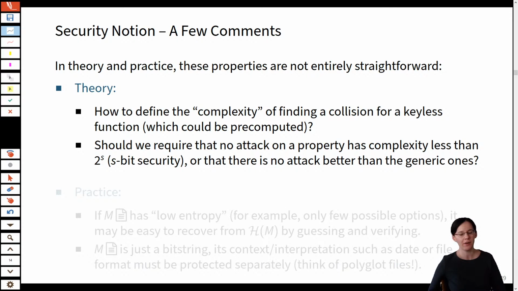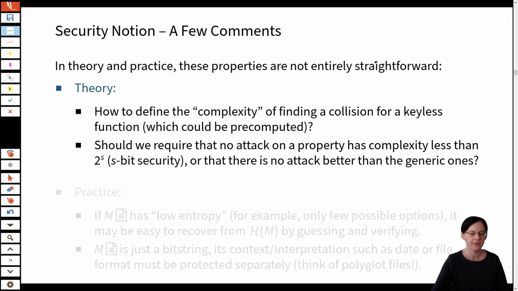So for example, any of the attacks is more costly than 2 to the 128 operations. This is one way, which is quite pragmatic, I would say, because this would simply mean that any attack is infeasible.